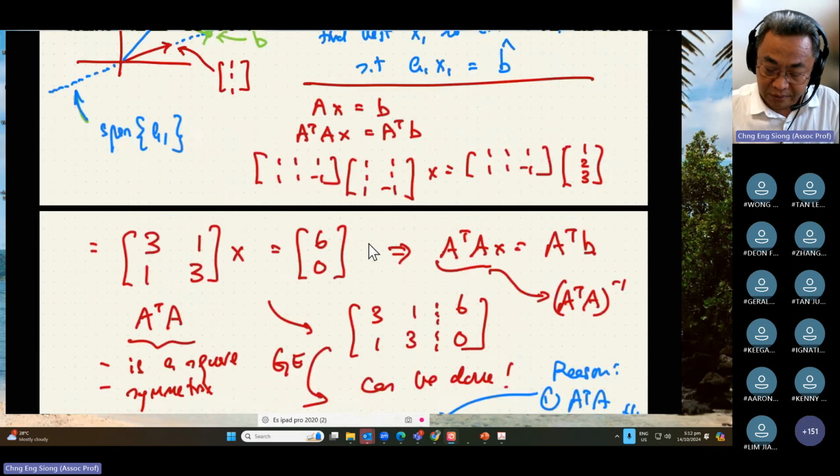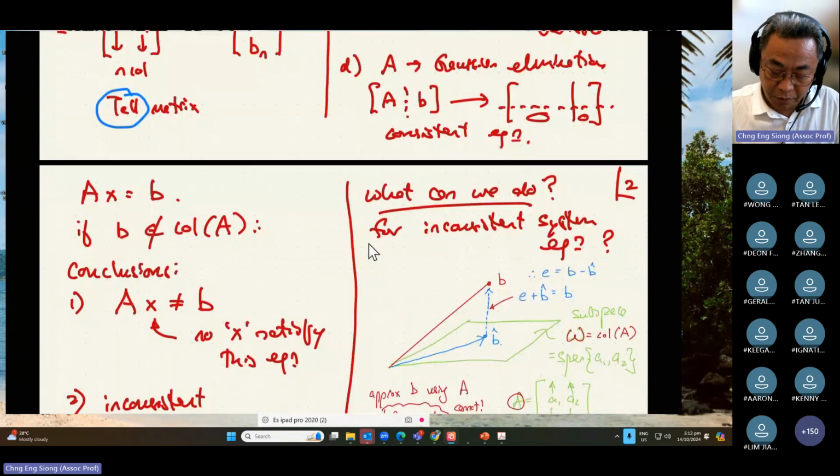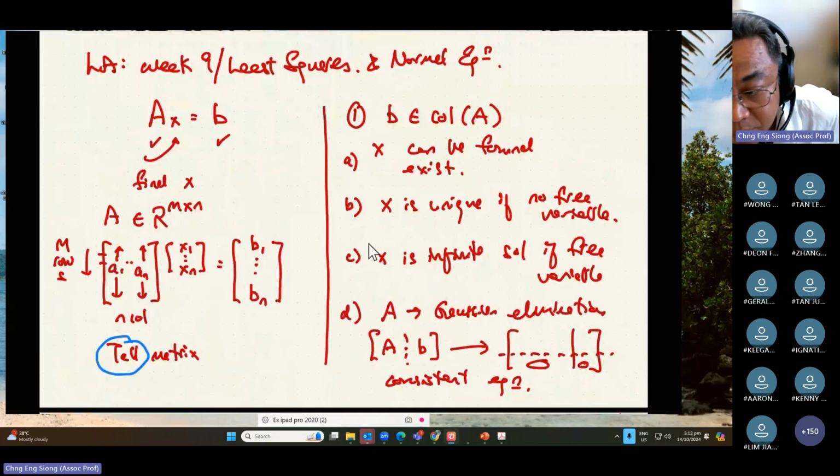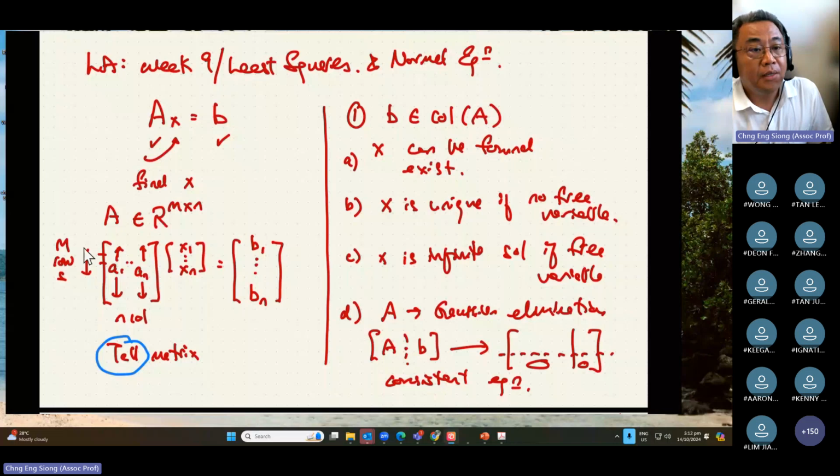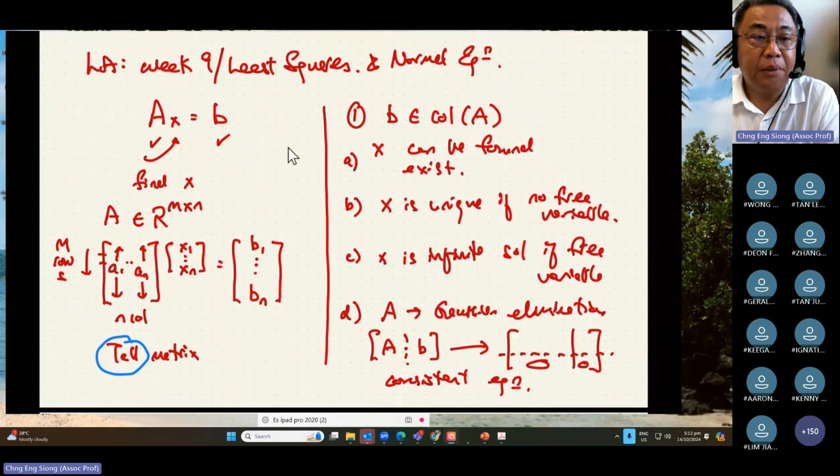So let's revise very quickly what we have just spoken today. In today's lecture, we studied primarily the least square solution.